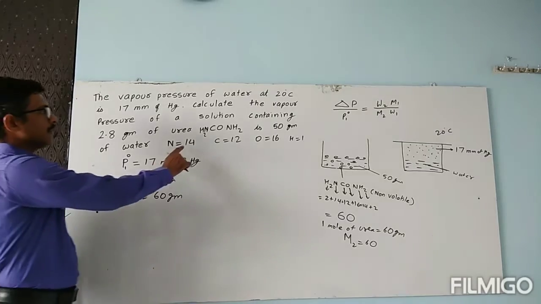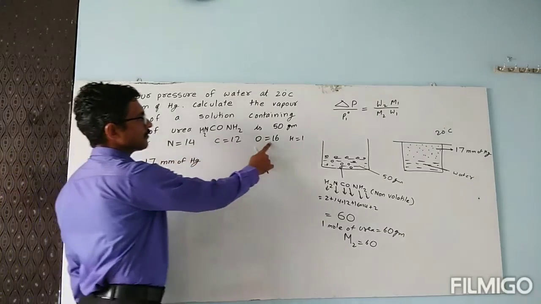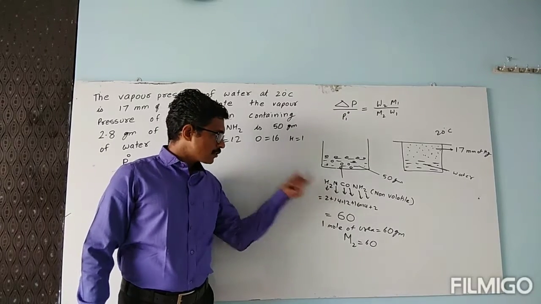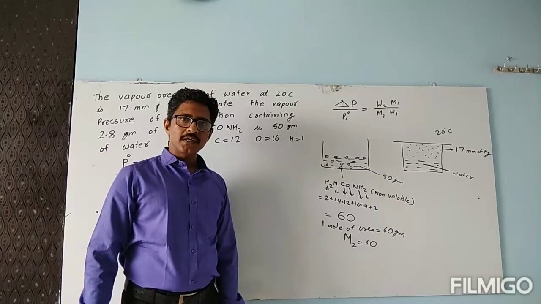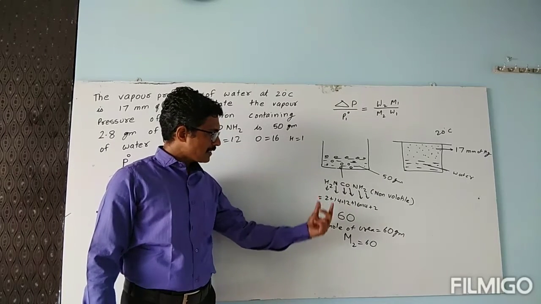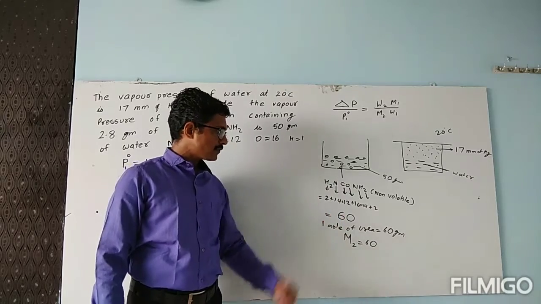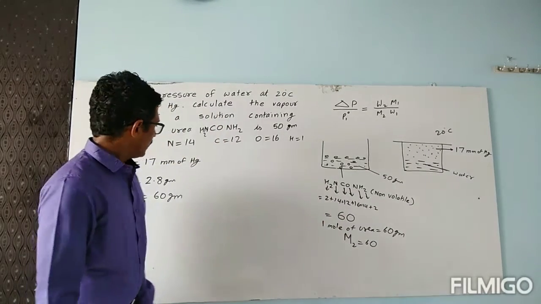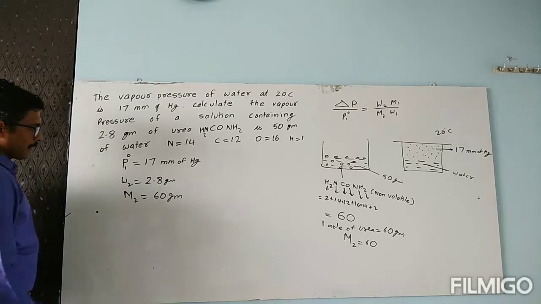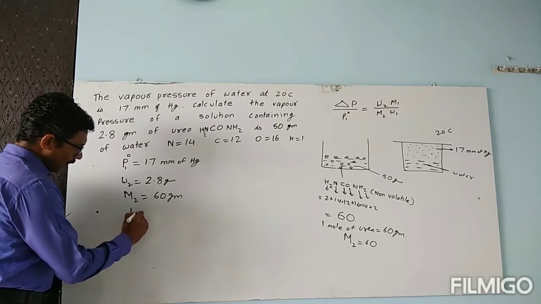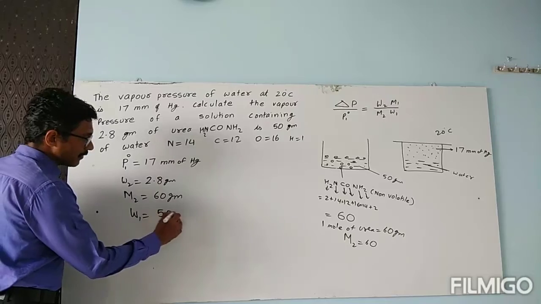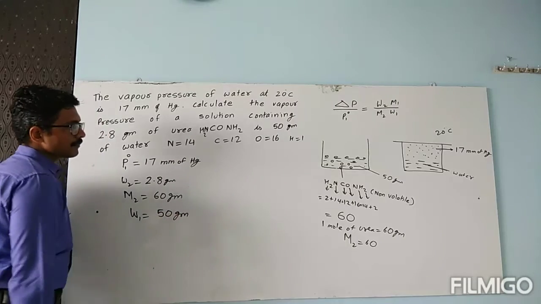These values are given to us for nitrogen, carbon, oxygen, and hydrogen. The formula is also given in the question. So with the help of all these things, we are able to calculate molar mass. Now children, W1, that is the weight of the solvent, is also given to us as 50 gram.